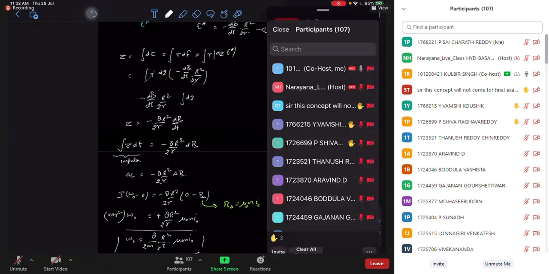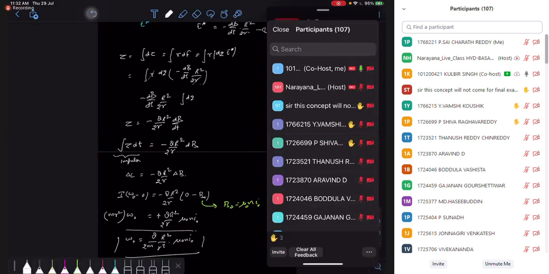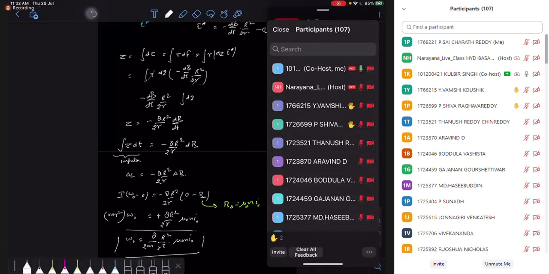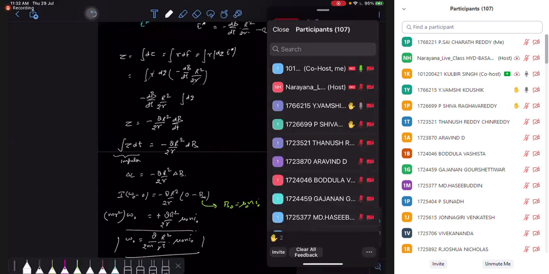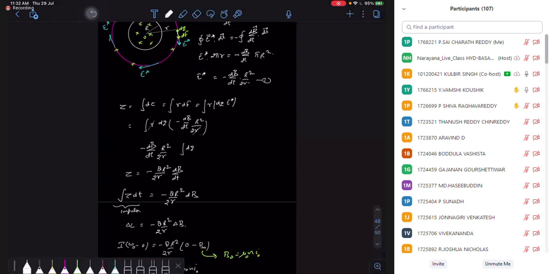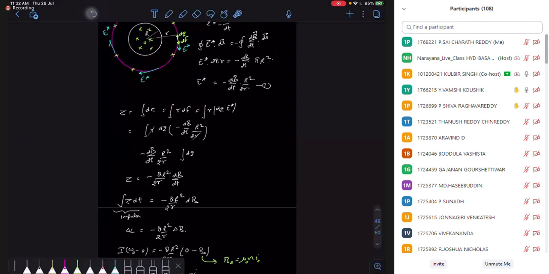Yes, this concept is not in the IIT syllabus, but in the books you will find the questions. Yes, Vamsi. Sir, there should be no small r in the denominator, sir. It is cancelled, sir. Small r cancels. Where did it cancel? In the second step, sir. Okay.